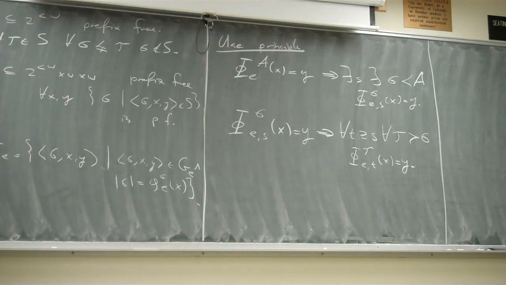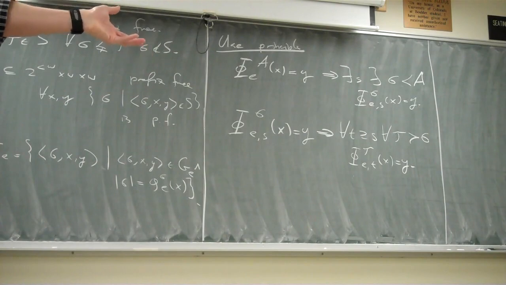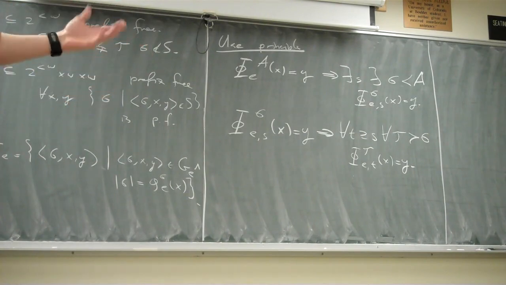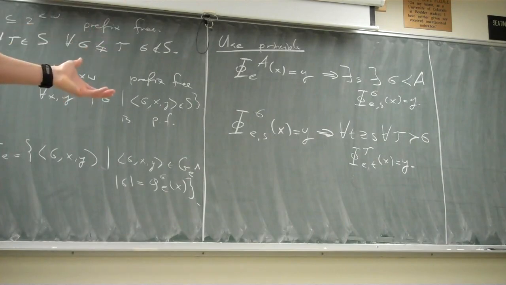If you already halt in S steps, then you certainly also halt in T steps, where T is bigger than S. If the only part of the oracle that you need in your computation is sigma, then any extension of sigma will give the same answers to the questions you actually ask, and so it's not going to influence it.